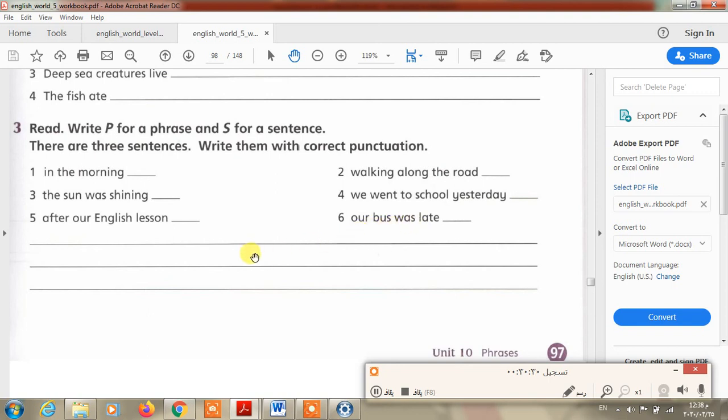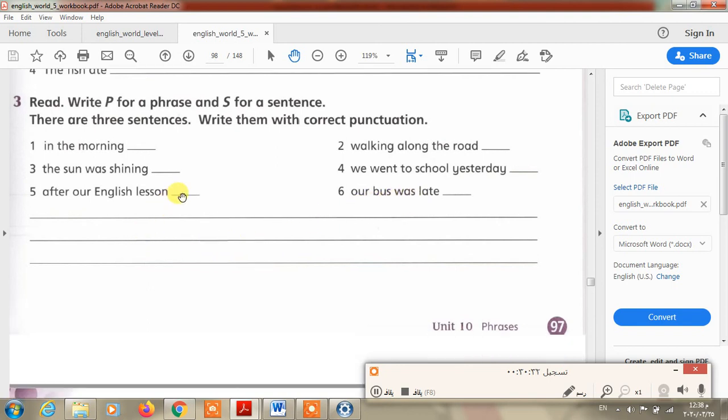It's also a phrase. So we will write P, and here also we will write P. Okay. And now the sun was shining. We went to school yesterday. Our bus was late. These are the complete sentences. We will write them on these lines.